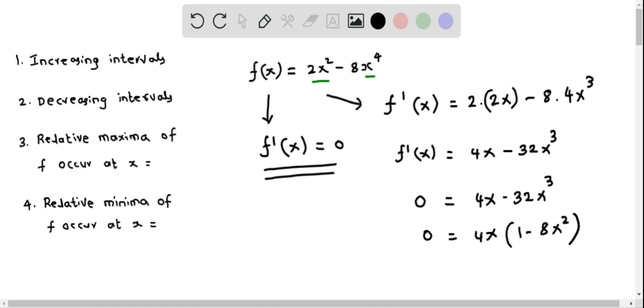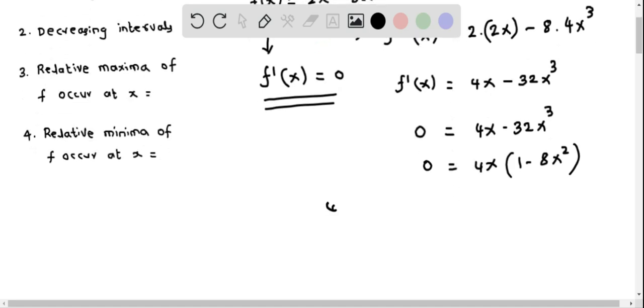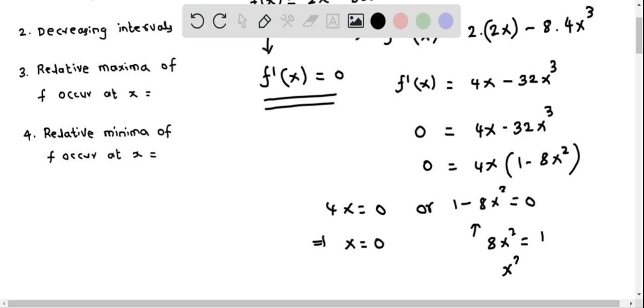So this means either 4x equals 0 or 1 minus 8x squared equals 0. When 4x equals 0, x equals 0. Or we can add 8x squared to solve this equation, that is 8x squared equals 1, and this implies x squared equals 1 over 8.